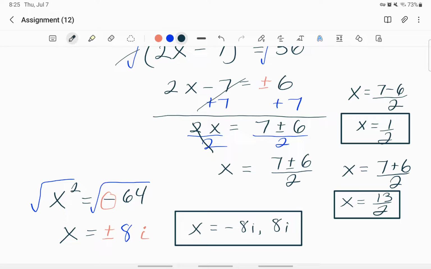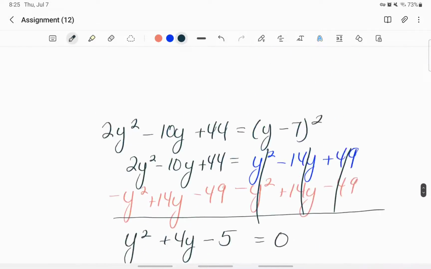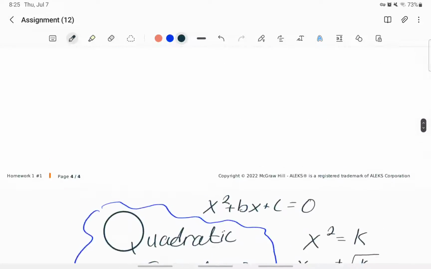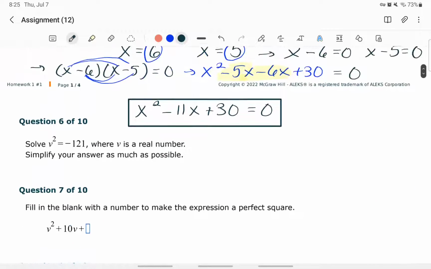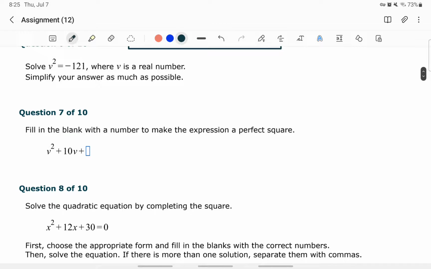And with that said, let's transition into the question on the worksheet. It says here, solve v squared equals negative 121, where v is a real number. Simplify your answer as much as possible. To solve for v, we're going to apply the square root to both sides. The square root of v squared is v.